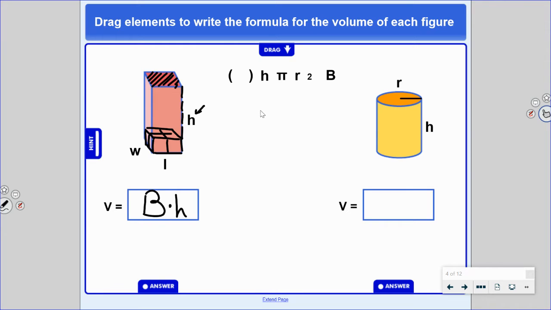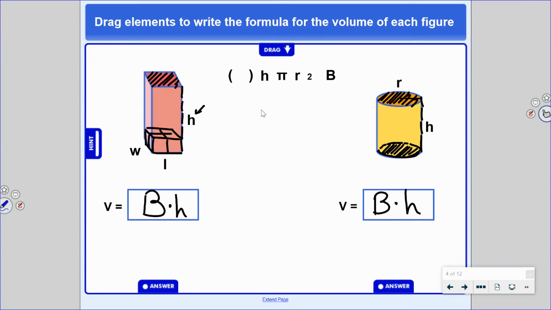Now, guess what? We could do the same thing here, where we could find the area of that base, and then we could stack those h units tall. So far, they're exactly identical. Find the area of the base and stack them up.